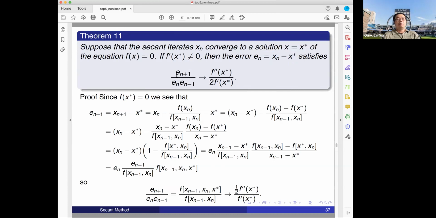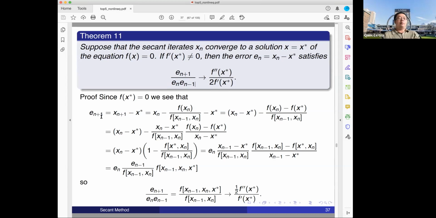But now we don't have e n plus 1 over e n squared anymore, but we have e n plus 1 over e n times e n minus 1, and it still goes to some fixed number, f double prime over 2 f prime.